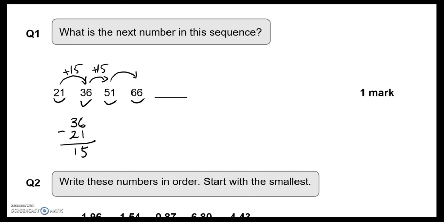If we add 15 to 51, it should give us 66. So if we add 15 to 66, it should give us the next number. 6 add 5 is 11. 1 carried over. 6, 7, 8. So 81 is the next number.